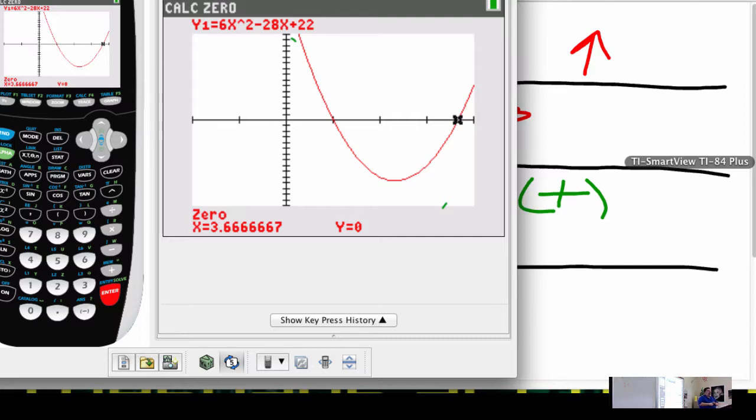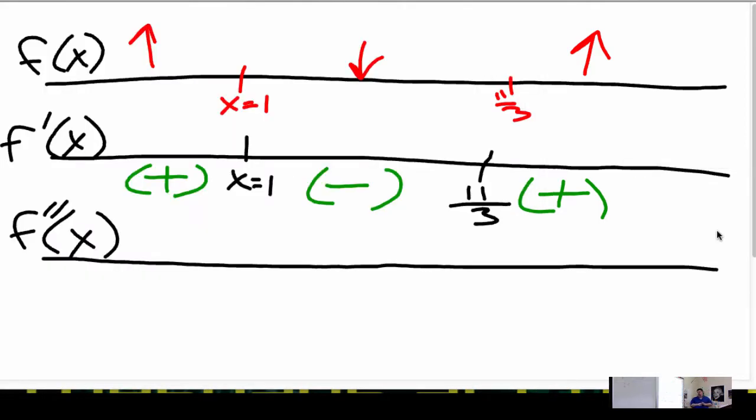Is that just like a thing from f of x to f prime of x? Like if f prime of x is positive, then it'll be increasing on f of x? Yeah, that's exactly what we're talking about. So I'm going to restate what she said.